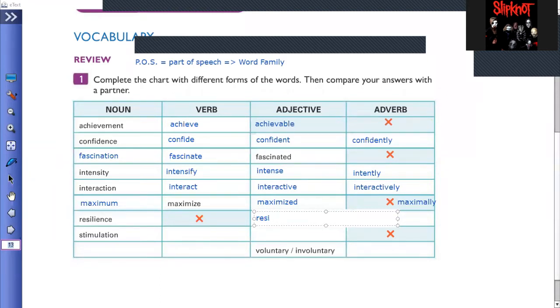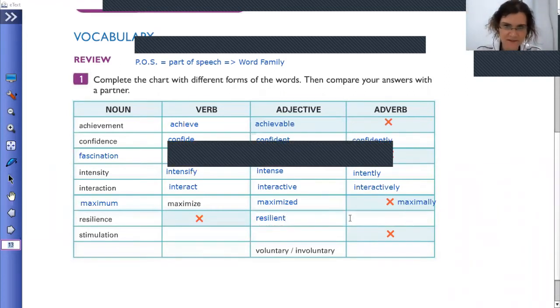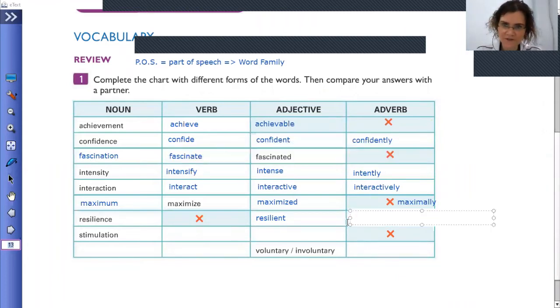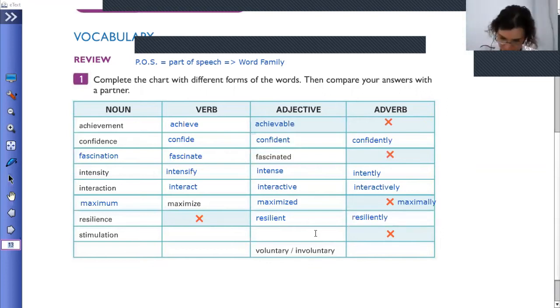I don't know the answer, miss. Okay, that is resilient. You can actually just Google it. Yes, yes. Resilient. Do you happen to know the adverb? It's with ly. Resiliently. Yeah, thank you.